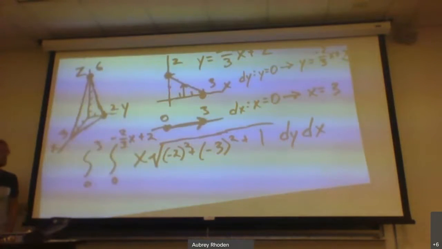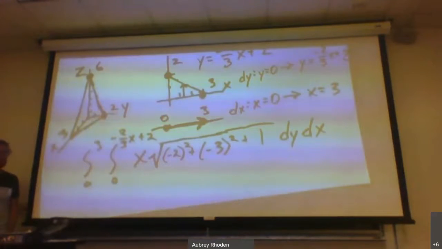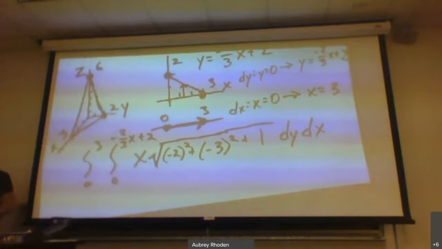Okay. Now, if we square negative 2, that's going to be a 4. Squaring negative 3 is going to be a 9. So 9 plus 1 is 10, and then 10 plus 4 is 14.